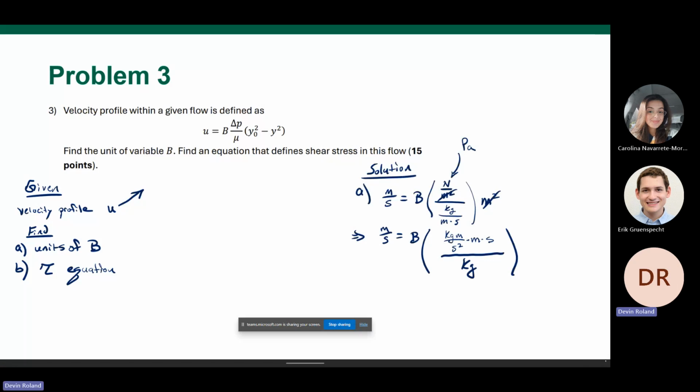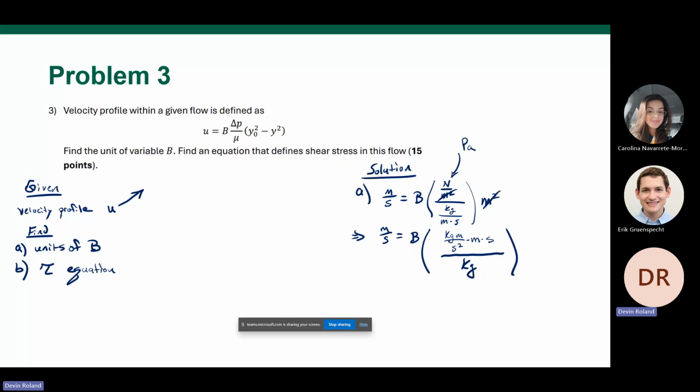Okay, so then we start canceling stuff, and kilograms cancel, and we see that one of these seconds will cancel, and then we can cancel the other second with the second on the other side, and then one of these meters will also cancel.